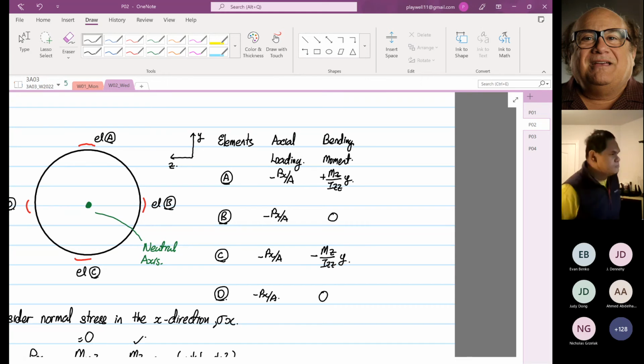Either A or C. There's no either. Which one? Pick one. C. Okay. Now, the students say A or C. You're not necessarily wrong.